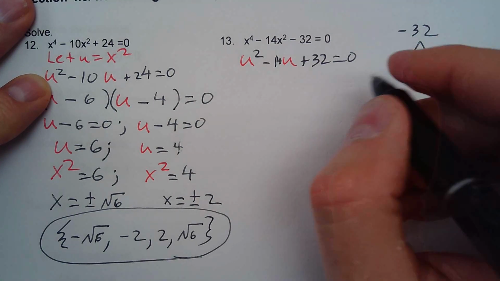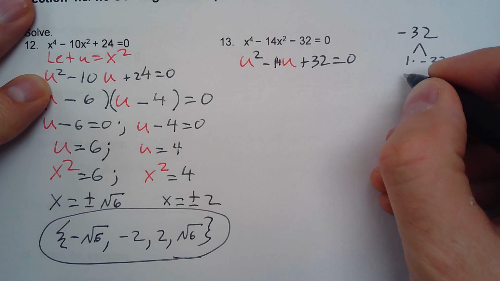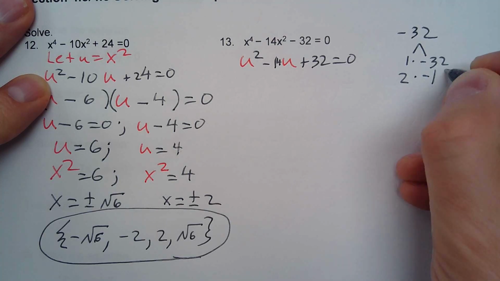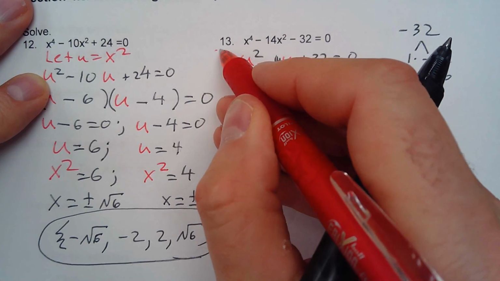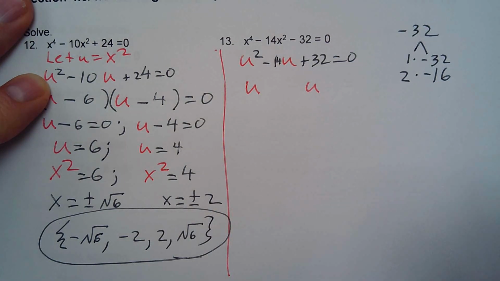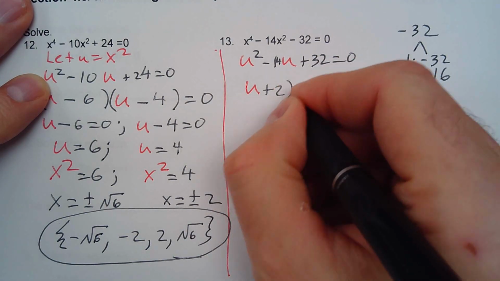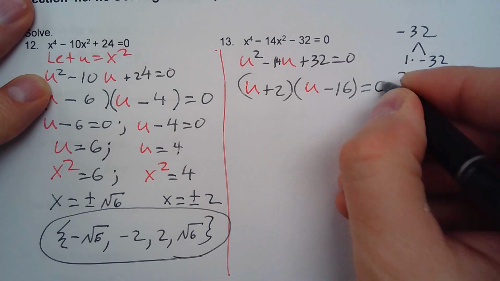So we'd have to do 1 times a negative 32, doesn't work. 2 times a negative 16. Those are the numbers we want. So we're going to do our u plus 2 times u minus 16 equals 0.